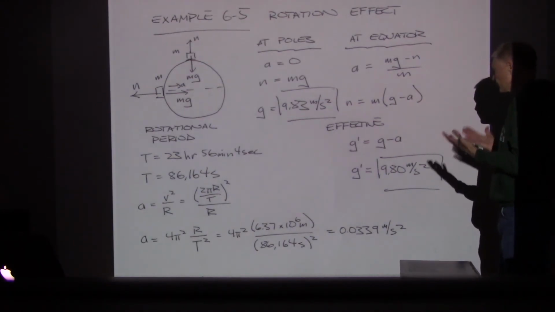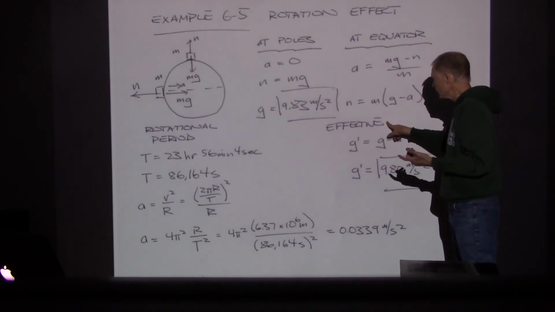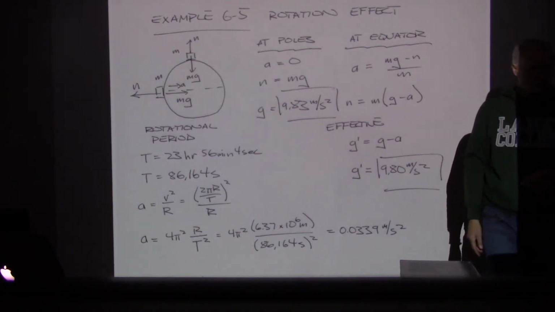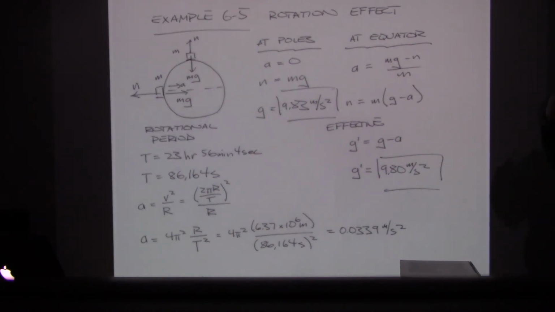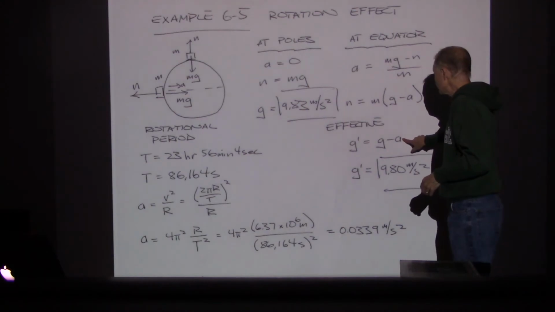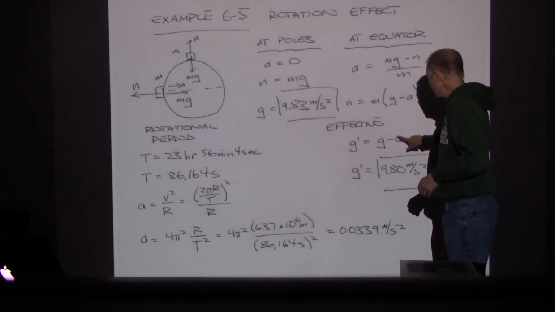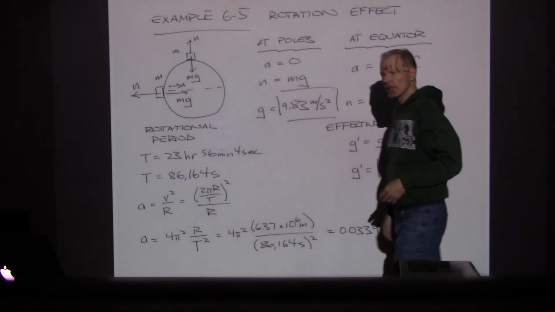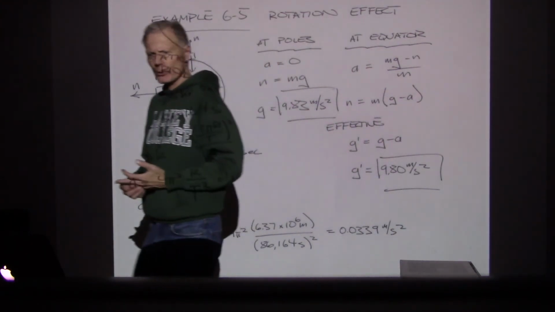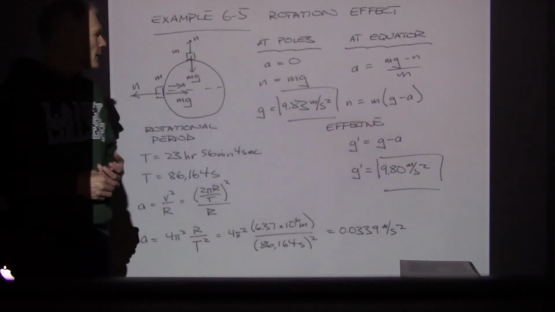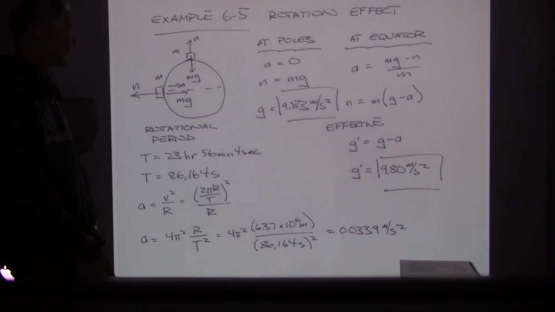So the effective, what feels like a gravitational field, includes an acceleration effect. So g minus a leaves us then at 9.80. I'm still not sure why their number says 9.78, but I'm coming up with 9.80 as the measured difference.